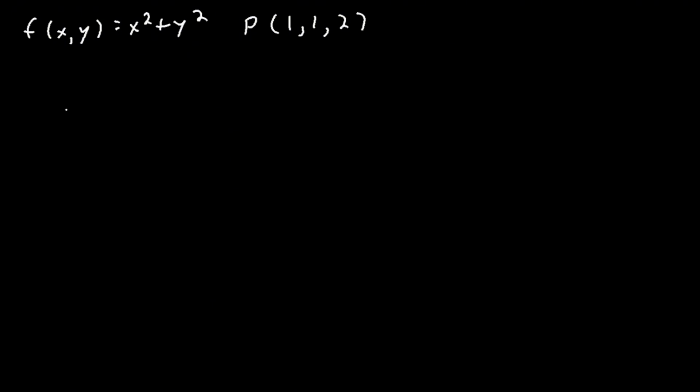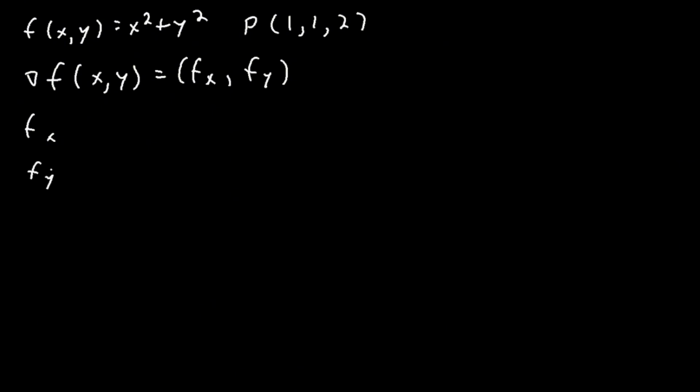But in this problem, it's given. So the first thing that we do is find, again, the gradient. The gradient's always really important. Remember, the gradient is the x partial paired with the y partial. So we have to find the x partial and the y partial. The x partial for this equation is just 2x, and the y partial is just 2y. Once we find these, all we have to do is plug in the values of our point.